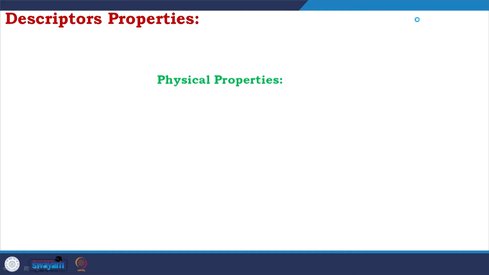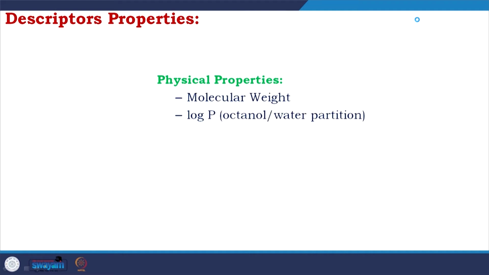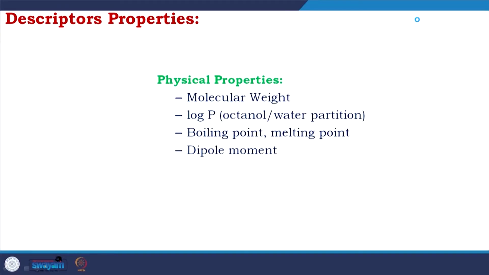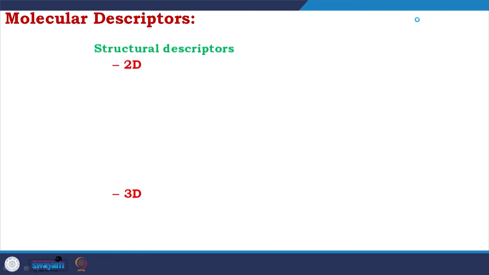Descriptor properties could be physical properties like molecular weight and log P, which is the permeability of a compound in octanol and water, because octanol is an organic solvent and water is an aqueous solvent. So, that is what we should calculate. Boiling point, melting point, dipole moment, solubility. So, all the physical properties.